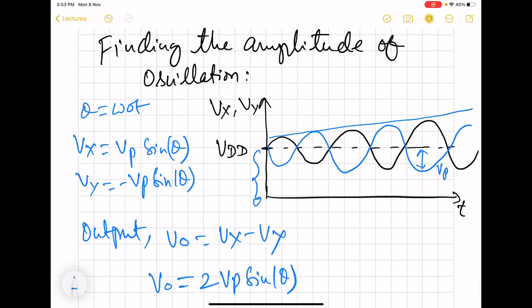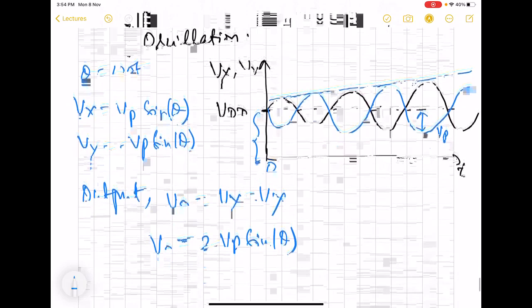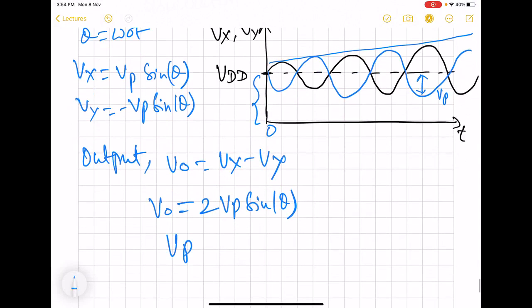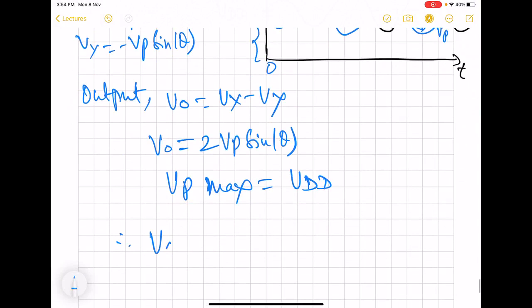So here we see that there is room of value equal to VDD for these sinusoid signals to grow. So the maximum value that it can attain is equal to VDD. So here Vp max possible is equal to VDD. Therefore, V out max that we can get is 2 VDD.